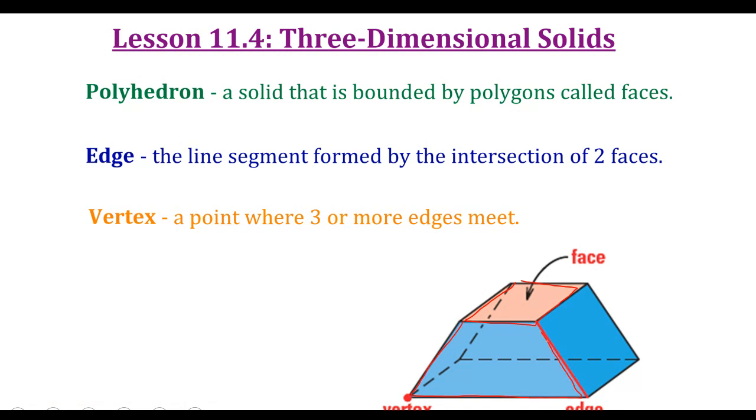This whole thing would be a face, and we have a square up here, a trapezoid looking thing up here, but we're just going to call it a quadrilateral. This would be a face over here in the back, that's another face. And so what we're going to do is count how many faces, how many edges, how many vertices that we see in the image here.